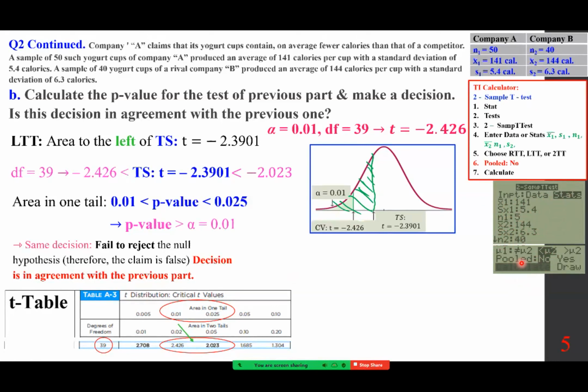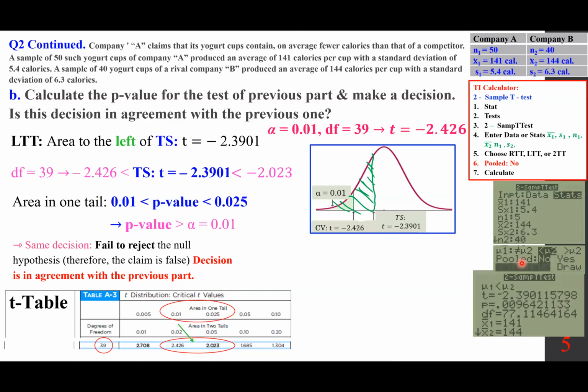It says pooled, and we are not going to pool, because we do that when we assume equal variances. That's not what we did. We assumed different variances.